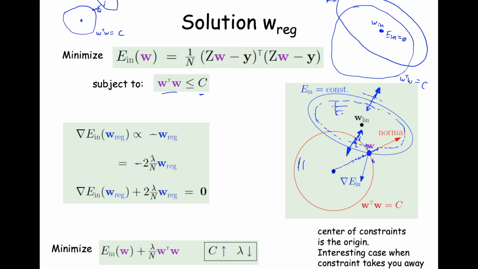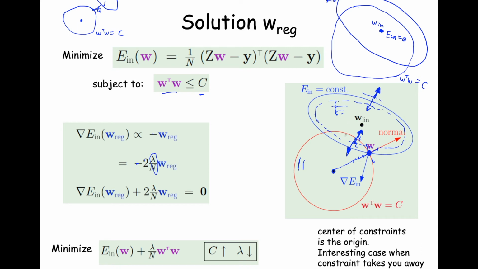Because it involved the derivative of something that was squared, we had a leading 2. So we're going to add this lambda upon n for mathematical convenience, and include a 2 for the constant of proportionality. And so we're left with minus 2 lambda upon n times W reg, right?